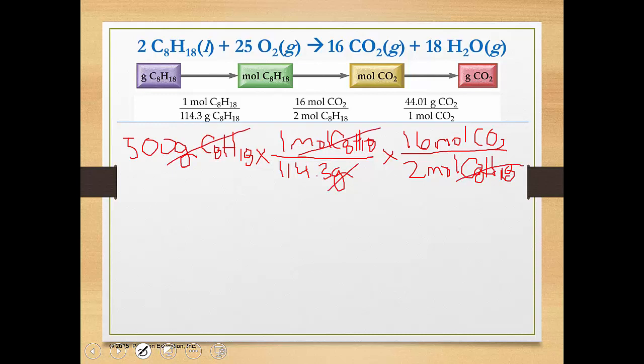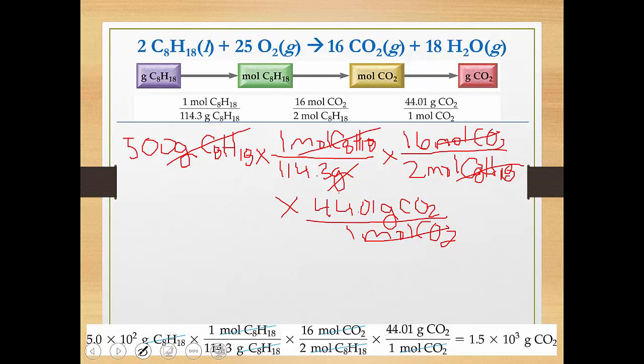Now moles are gone, so now I have moles of CO2, and then the 44.01 grams of CO2 per 1 mole. Moles cancel out. So 500 times 16 times 44.01, divide by 114.3, divide by 2, and you end up with 1.5 times 10 to the third, or 1,500 grams of CO2.